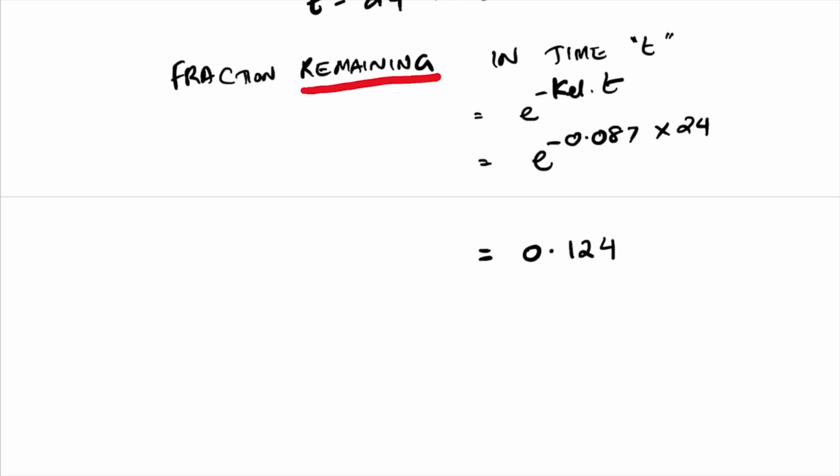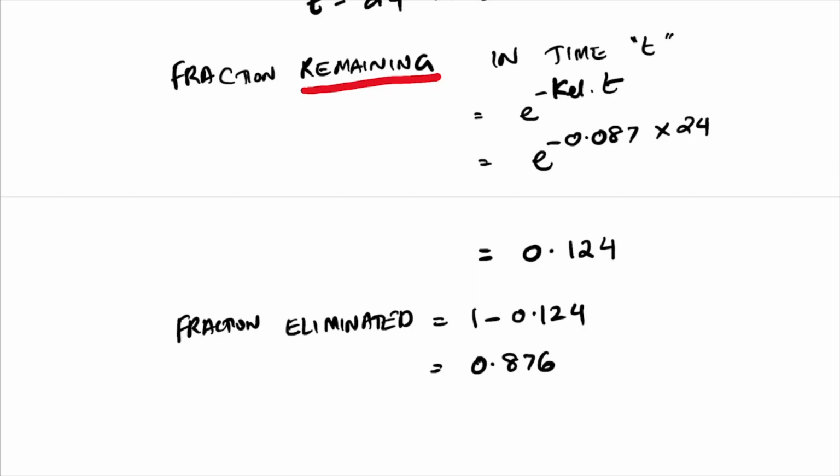So what is the fraction eliminated? Equals 1 minus 0.124, is 0.876.